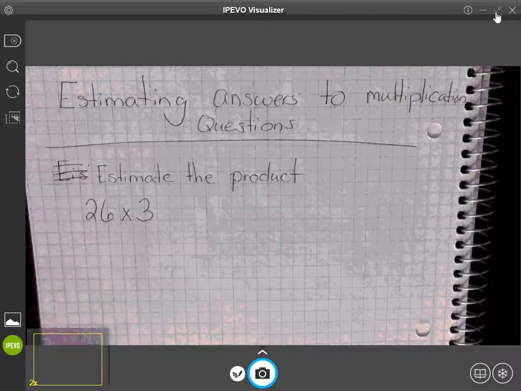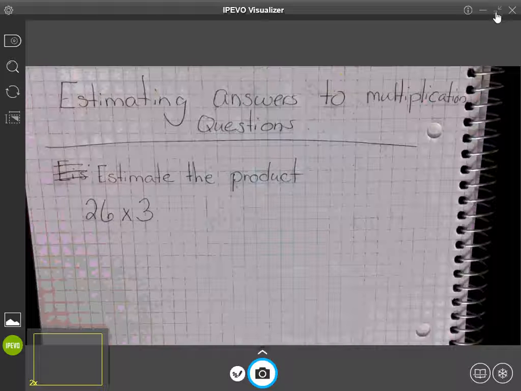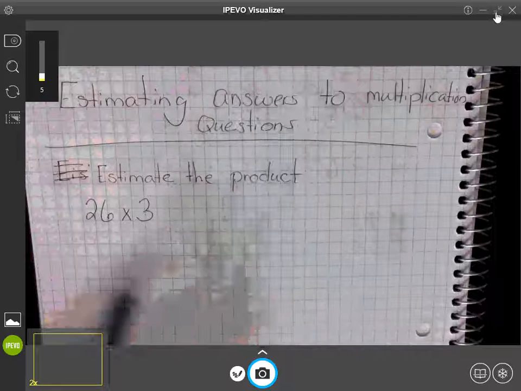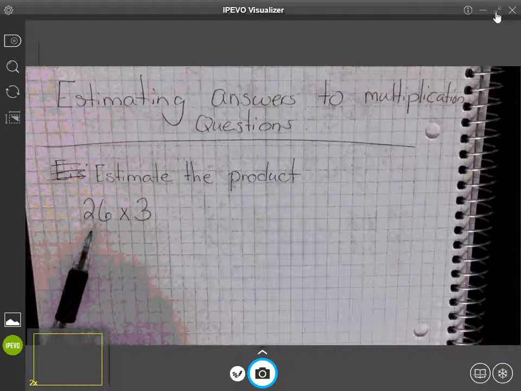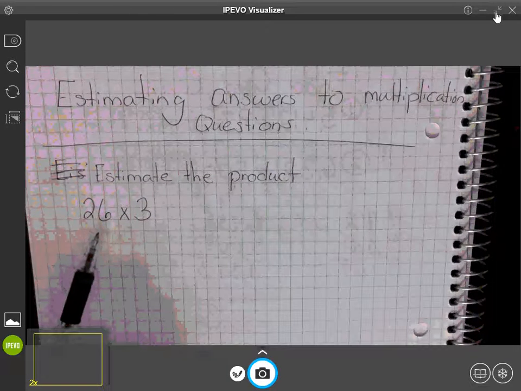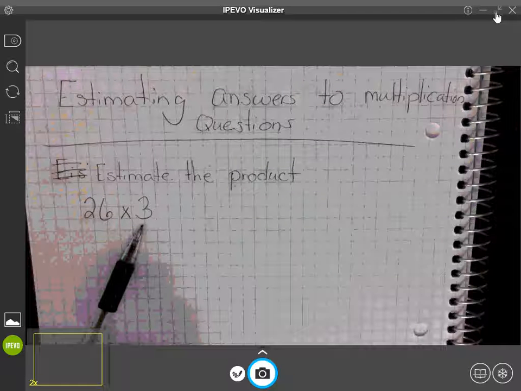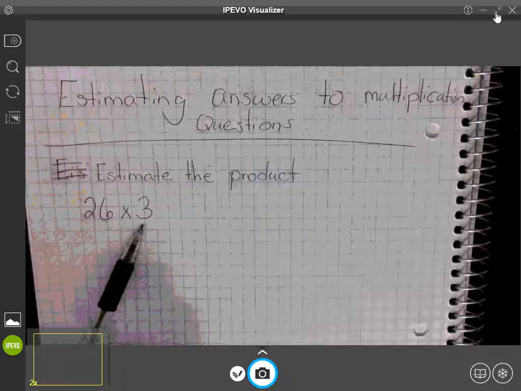Now, we call this type of multiplication equation a 2-digit by 1-digit because 26 is a 2-digit number that's being multiplied by a 1-digit number. Okay, so we call this a 2 by 1 multiplication.